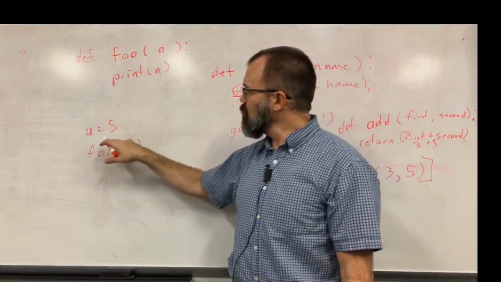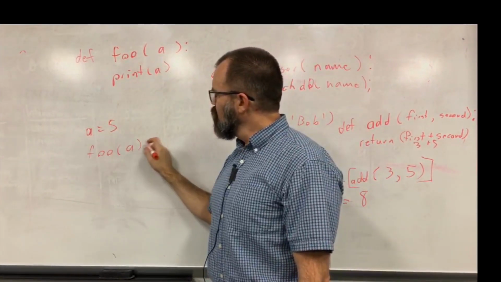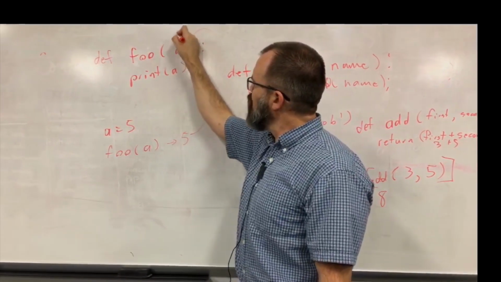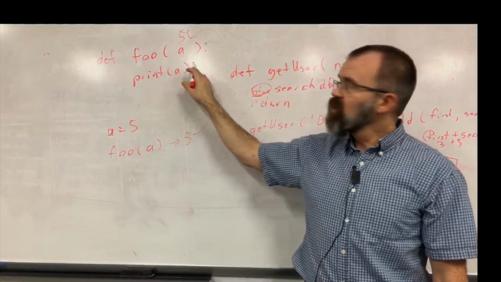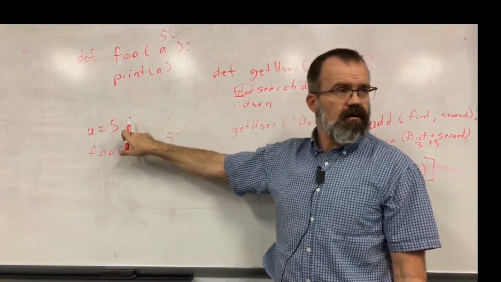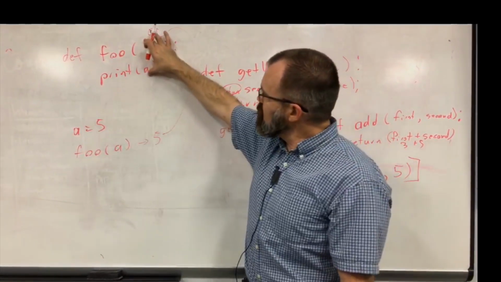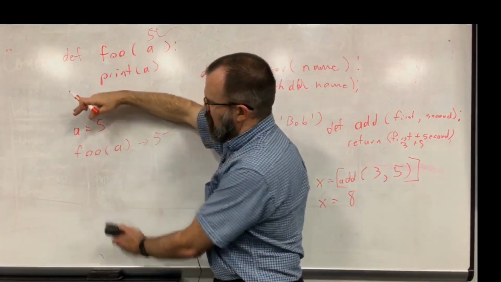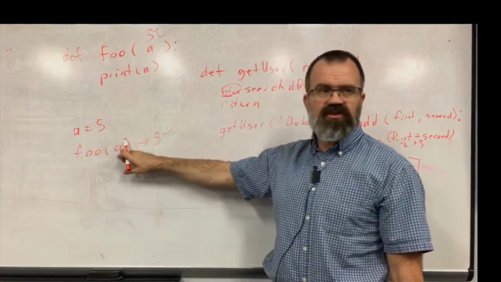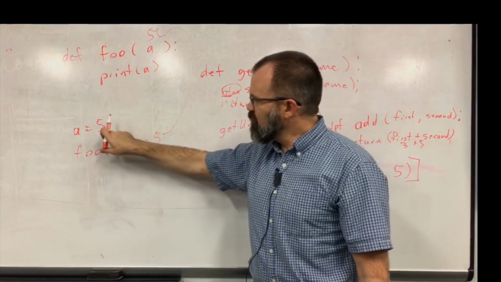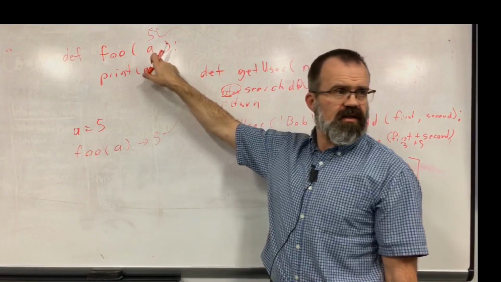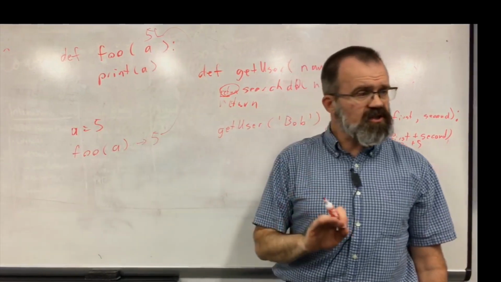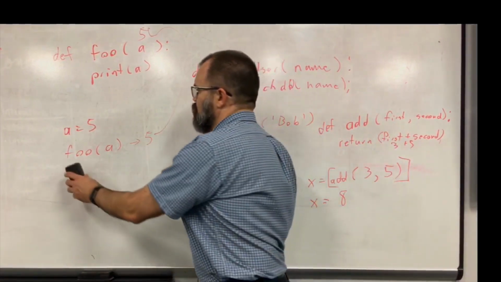But actually what happens is the value of a is extracted here and the 5 is passed and then rebound to this variable up here. So this a is not this a. This a is confined to this block. This a is confined to this block. Just because it's a function call does not mean that the variables from this block leak into that block. All right? Now, there are some exceptions, but we'll get to those.